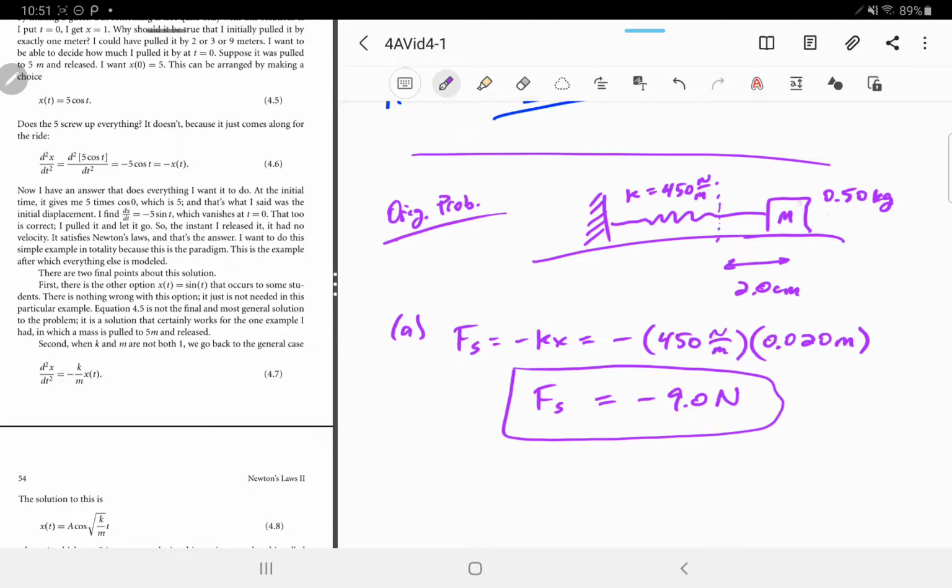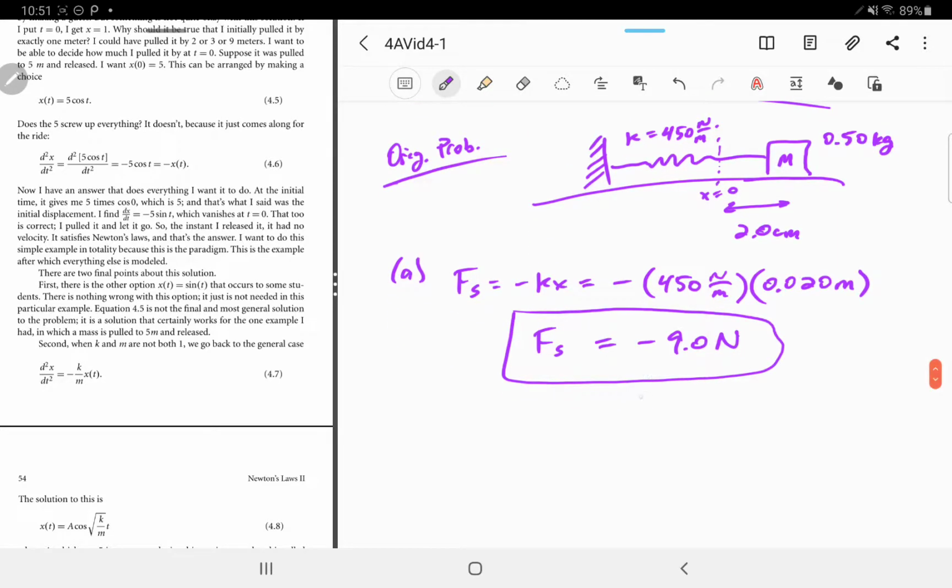The spring is pulling back on the mass, inwards towards x equals 0, towards our equilibrium position. So the minus sign means inwards. The spring pulls the mass back inwards, not the direction where it's stretching out, but back in.